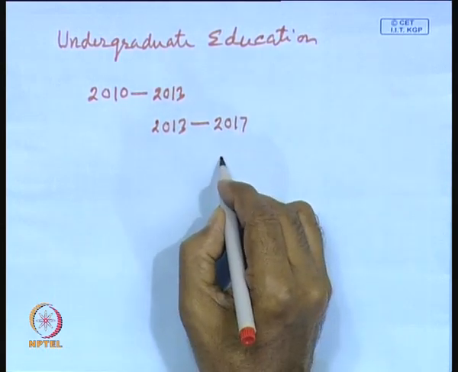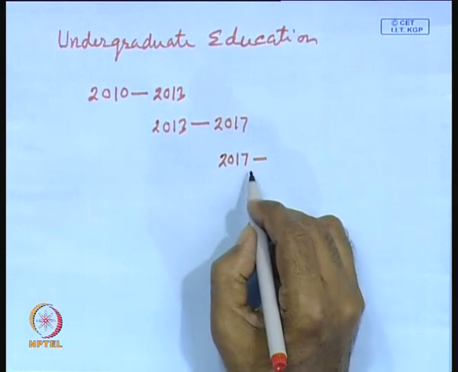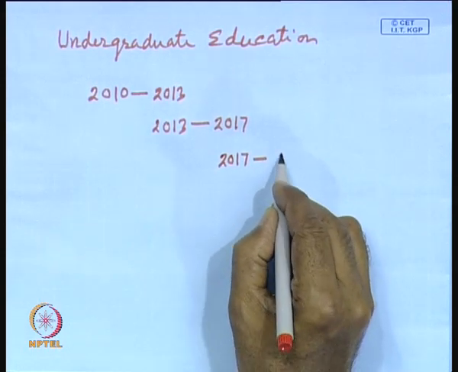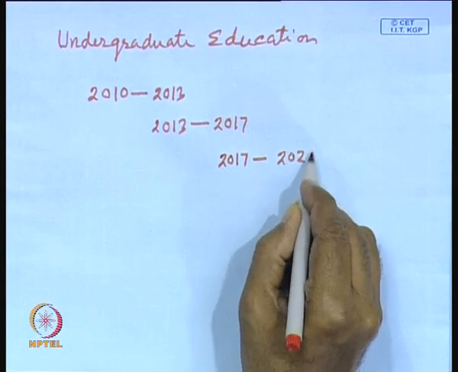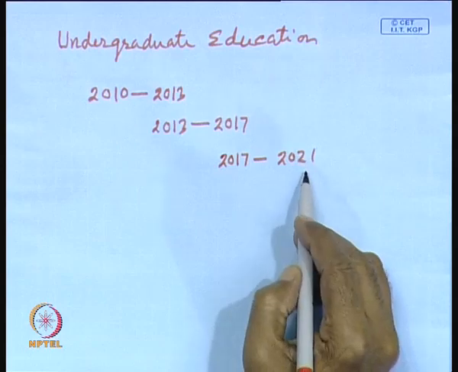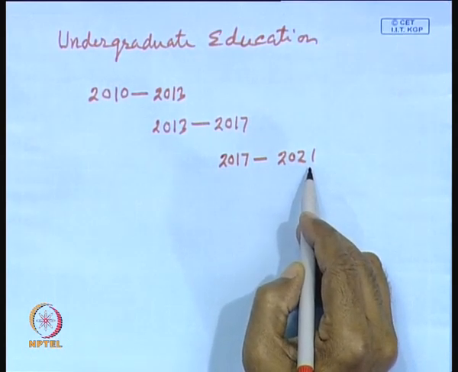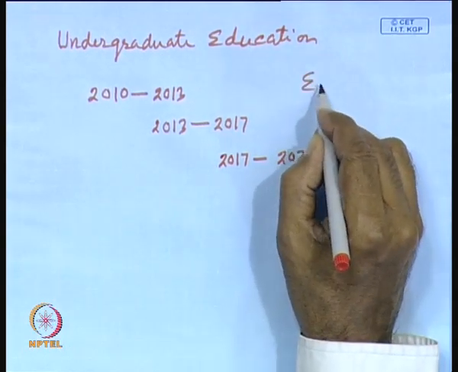In this way another batch will be admitted in 2017 and they will continue till 18, 19, 20 and 21. So, 3 batches are passing out starting with 2010 and 3 batches are passing out in 2021. So, every 4 yearly.